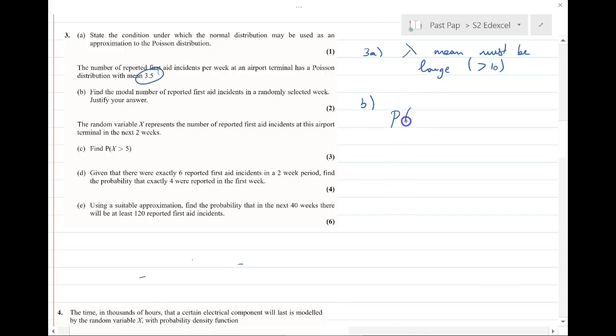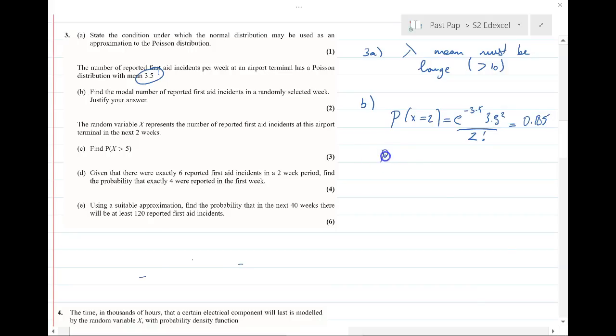So for example, the probability that x equals 2 is going to be e to the minus 3.5 times 3.5 squared over 2 factorial, using the formula rather than tables, which comes to approximately 0.185.